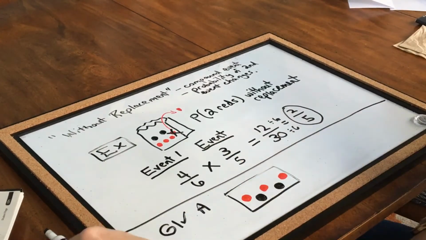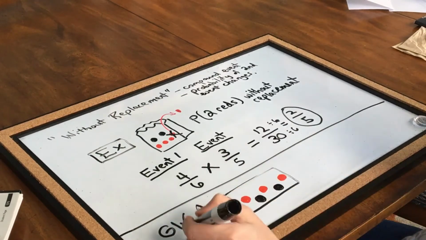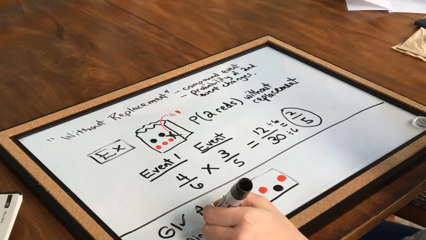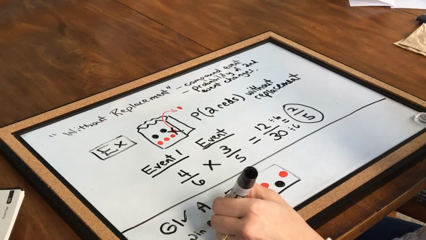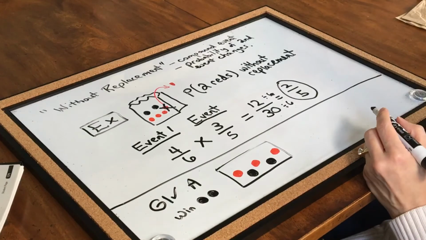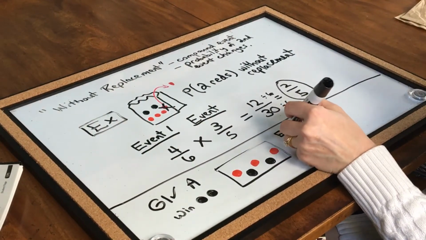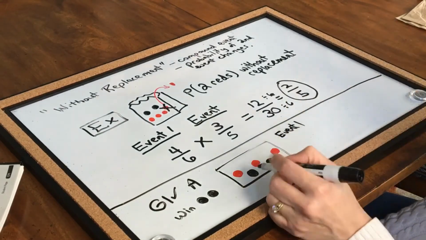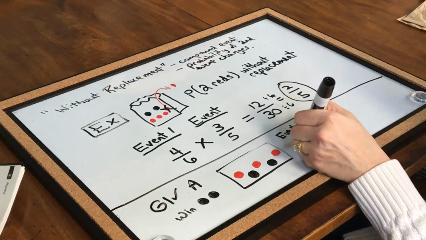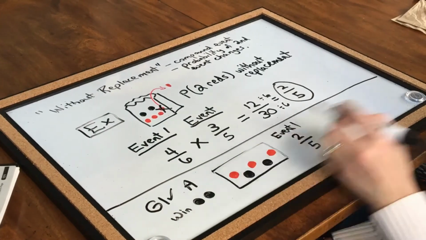In order to win, we have to draw both of the spaces that give us a win. So I'm going to say that the wins are getting 2 black spaces. So let's find out what the probability is. Okay, so what's my probability of drawing the first event? I have 2 black spaces out of 5 spaces total. 1, 2, 3, 4, 5.